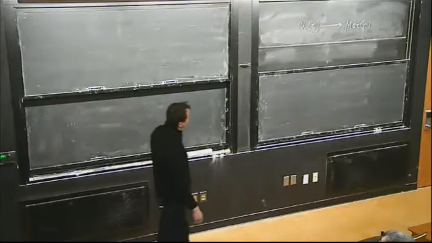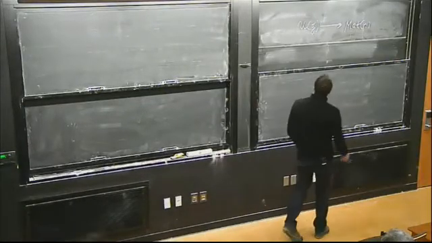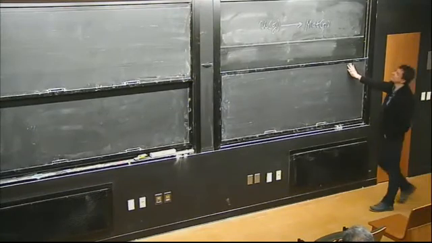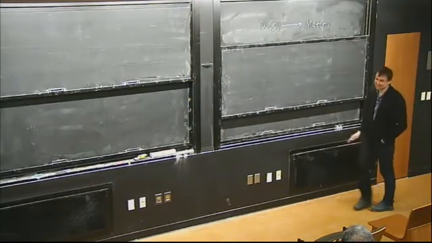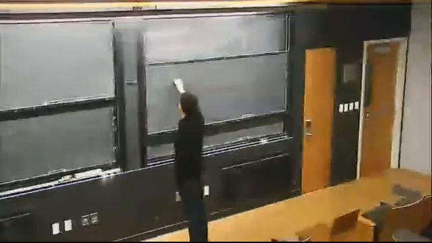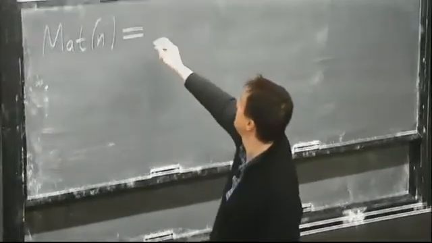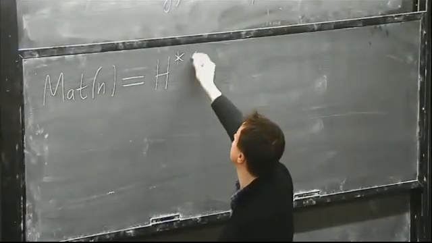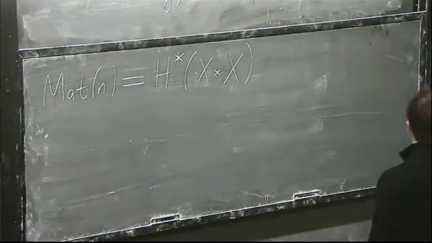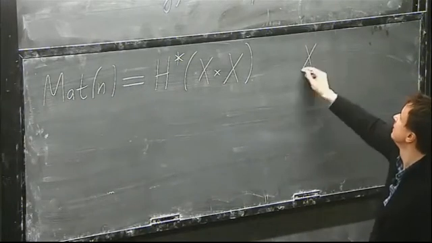Geometric representation theory starts by trying to think about either the source or the target of this map somehow more geometrically. Let's start with the target. So what are matrices of size n? We can think of this as the cohomology, with the same coefficients, of X cross X, where X is a set of n elements.